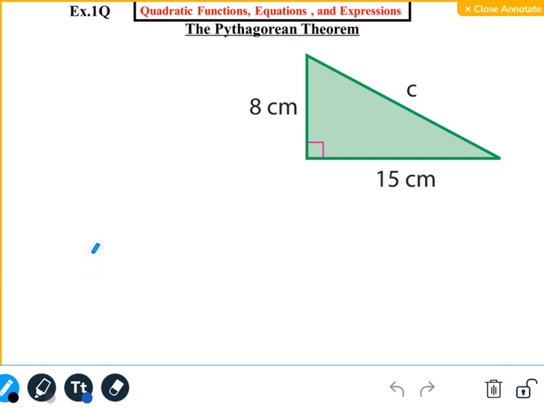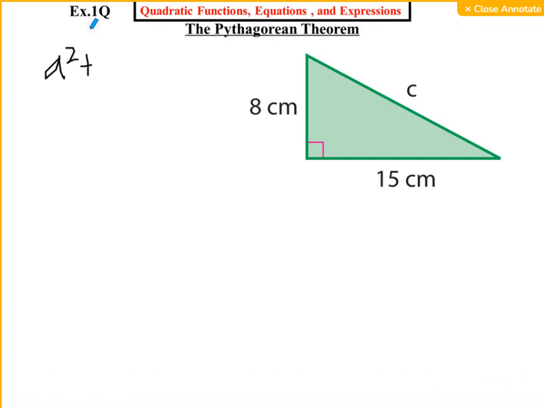All right, so let's walk through this process. When they give us a triangle like so, and they want us to find the side measure that's missing for right triangles, we use the Pythagorean theorem. So we start with a squared plus b squared equals c squared.